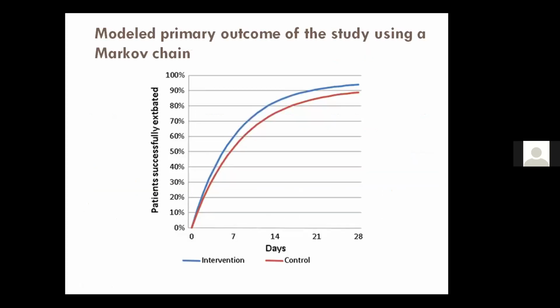And then to show your boss the primary outcome. This is not the cost effectiveness ratio, but it gives a good picture. Blue is intervention and red is control. The horizontal axis is days, and the vertical axis is what percentage of people were successfully extubated.